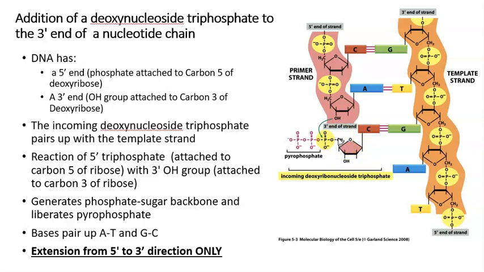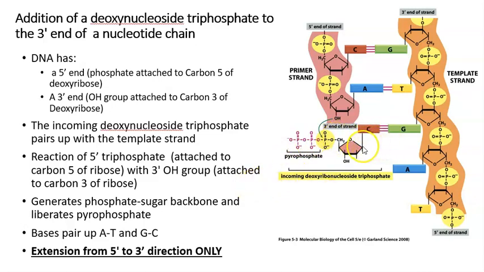Now on carbon number 5, there is a triphosphate group. That's 3 phosphates stuck together, just like in ATP, adenosine triphosphate. This is a triphosphate group, and it's on the carbon number 5.